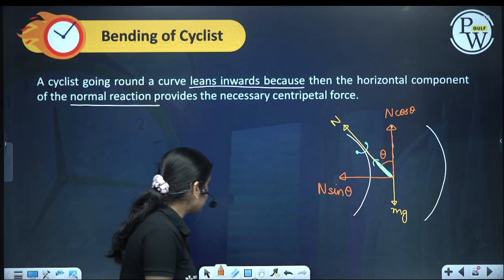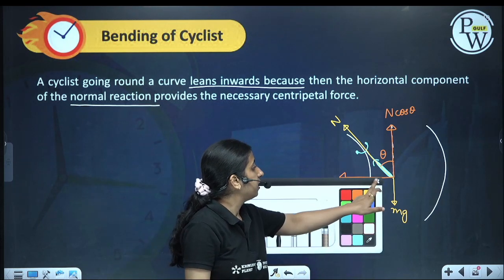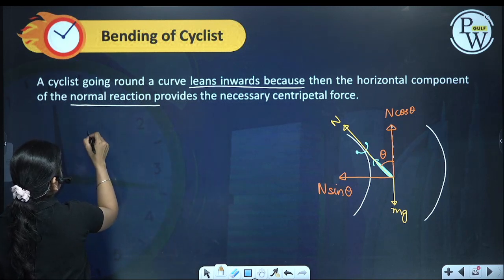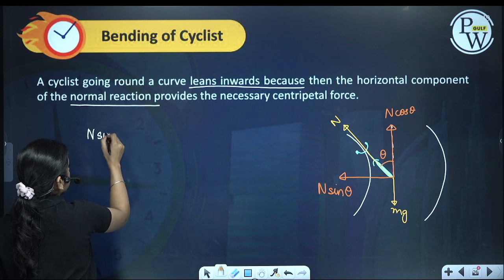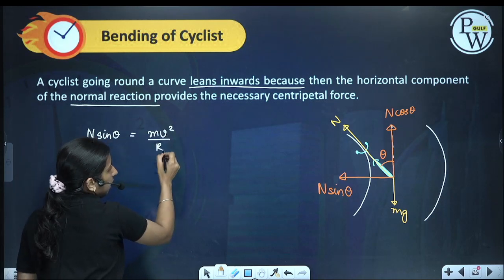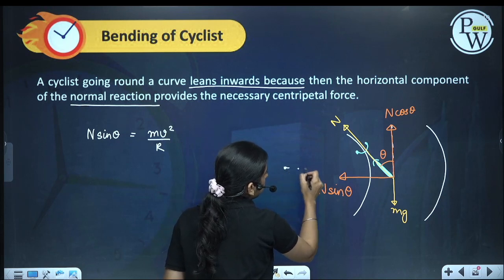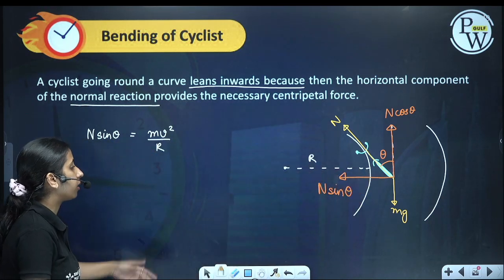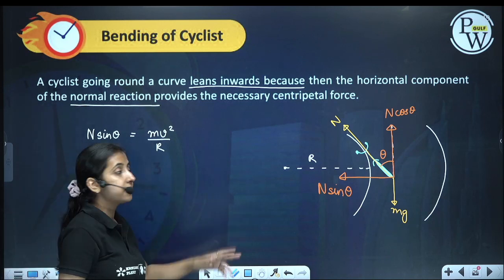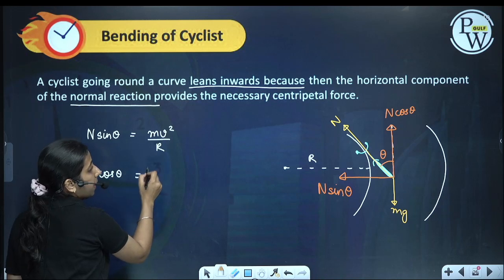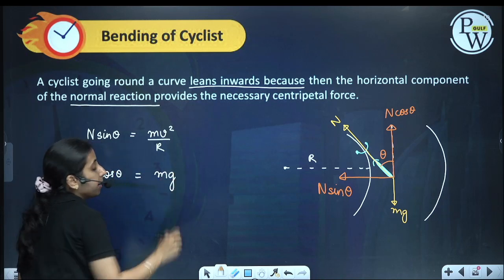Now this n sin theta provides the necessary centripetal force, so n sin theta will be equal to mv square by r, if the cyclist is moving in a circular turn of radius r. And n cos theta will be balancing the weight mg.